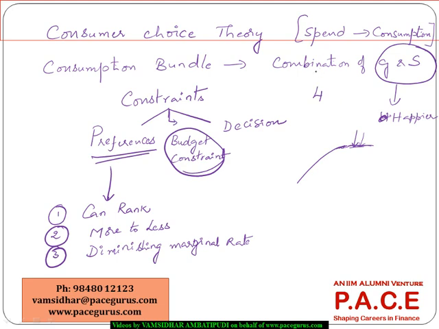So that is why we say preferences generally go with the concept of diminishing marginal utility, which is nothing but that marginal utility keeps decreasing as you start consuming more and more of that particular good.